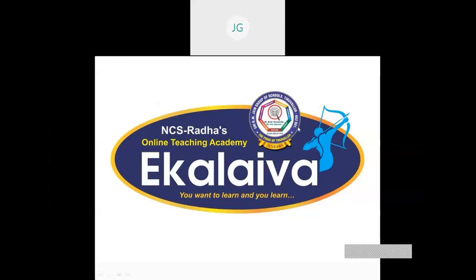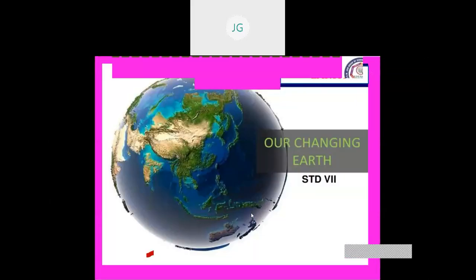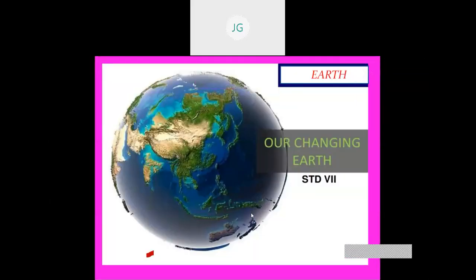Today we are going to see in geography, and the lesson name is the changing earth. In geography, the third lesson, changing earth. For thousands of years, people believed that the continents were fixed in their position.